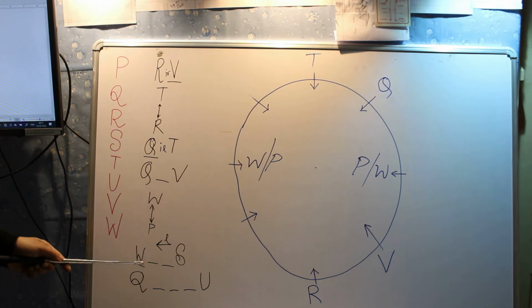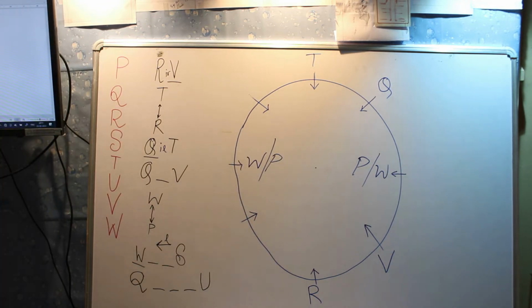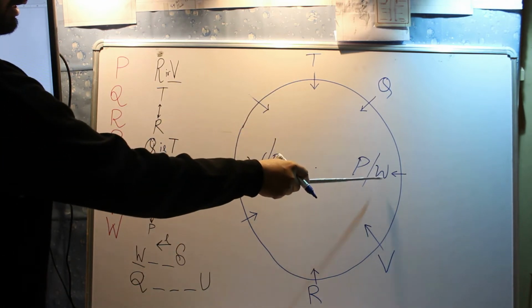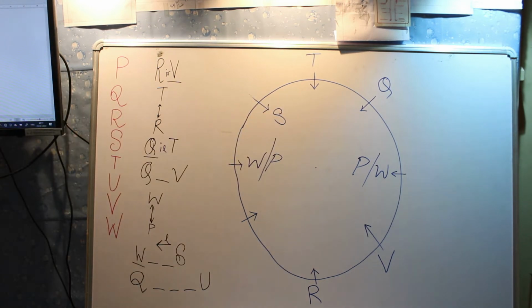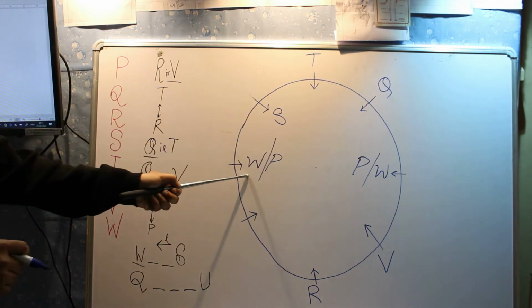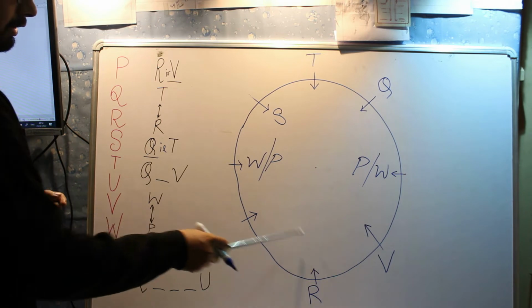W is third to the left of S. So let's take this as W. So W is third to the left of S. So first, second, third. This has to be S. Correct? And if I take W here, third to the left of S is W. So first, second, third.